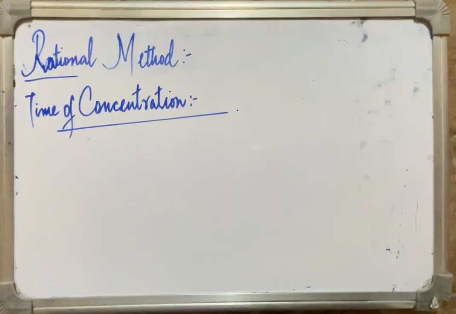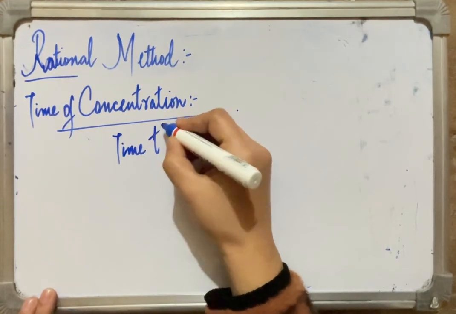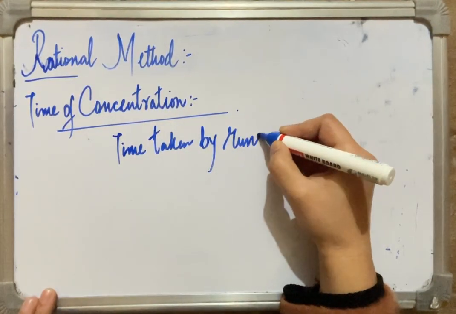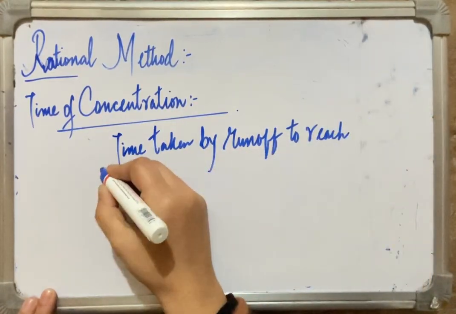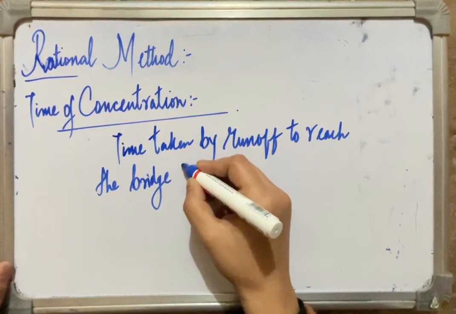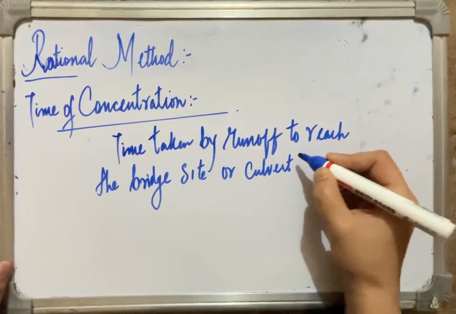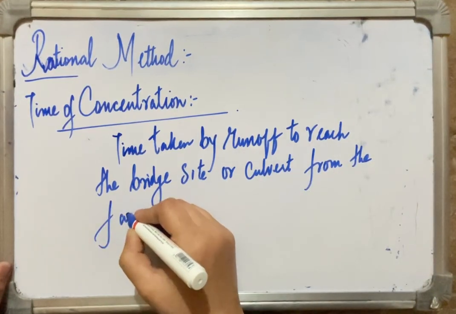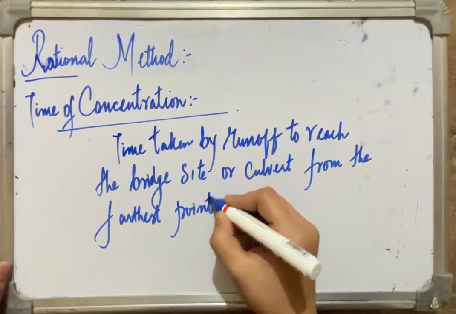Time of concentration is defined as the time taken by runoff to reach the bridge site or culvert from the farthest point on the periphery of the catchment.